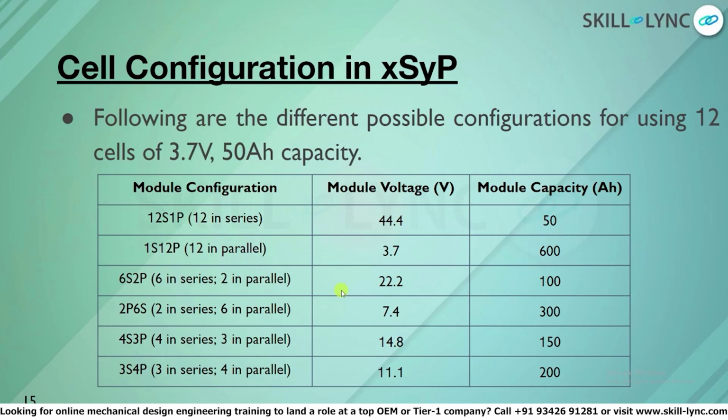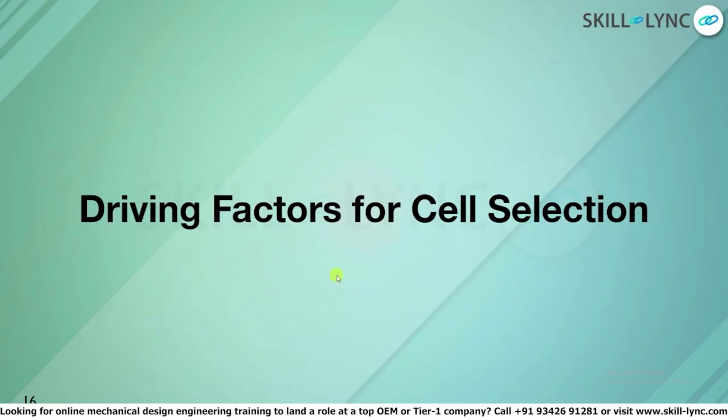So when we have to connect multiple modules in series, it is important that all the modules are of the same voltage. It's easy that way. That is how we have different combinations arranged at a module level. When we have n number of cells, they have to be carefully selected in series and parallel combinations, so that you connect all those modules together to get the right pack voltage and capacity.